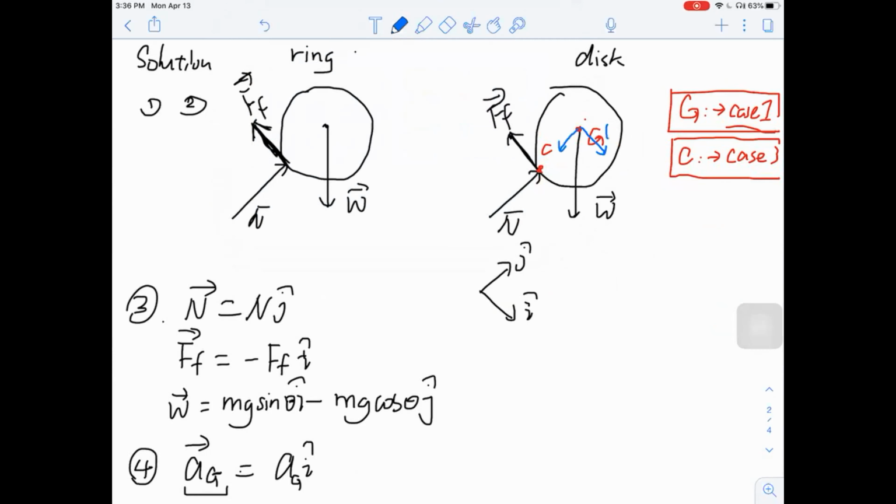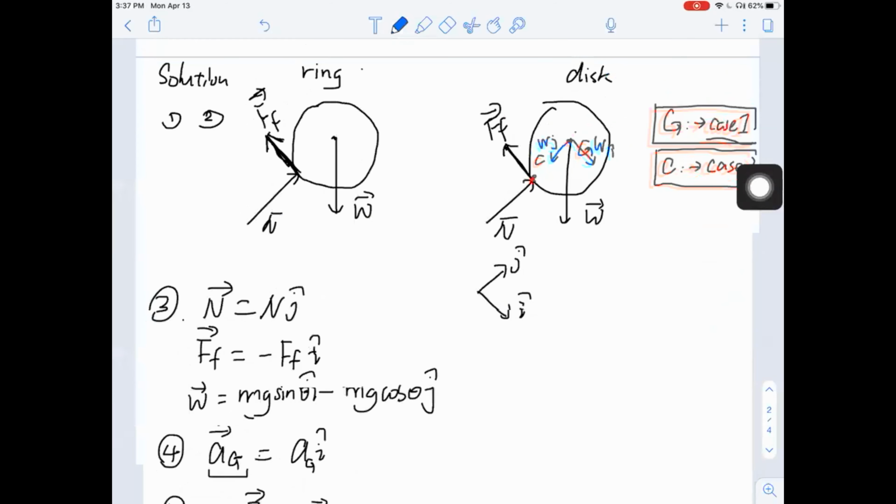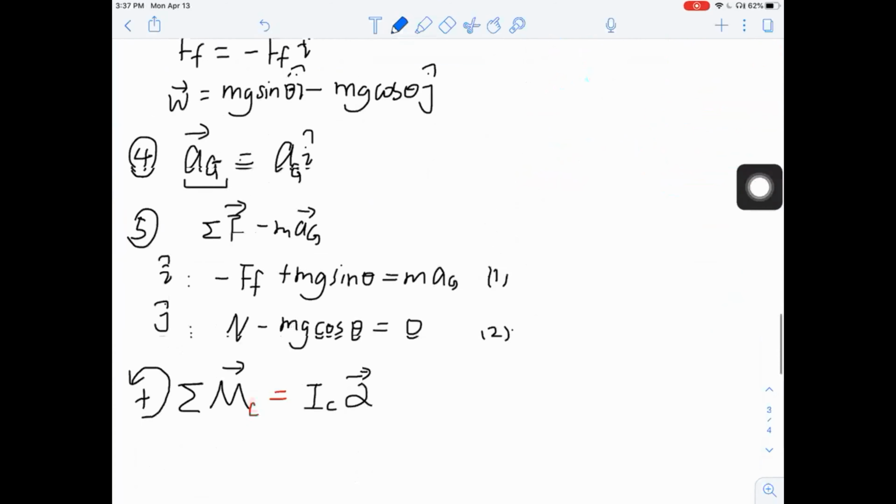The weight force has I components and J components. The J component, W_J, passes through point C, which means it would not cause any movement about point C. So the only force that will cause movement about point C here is W_I, the weight force on the I component.